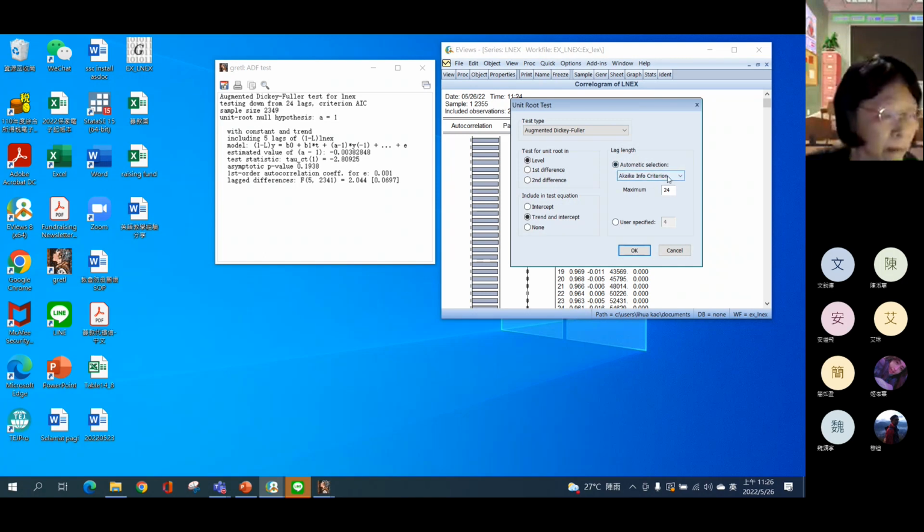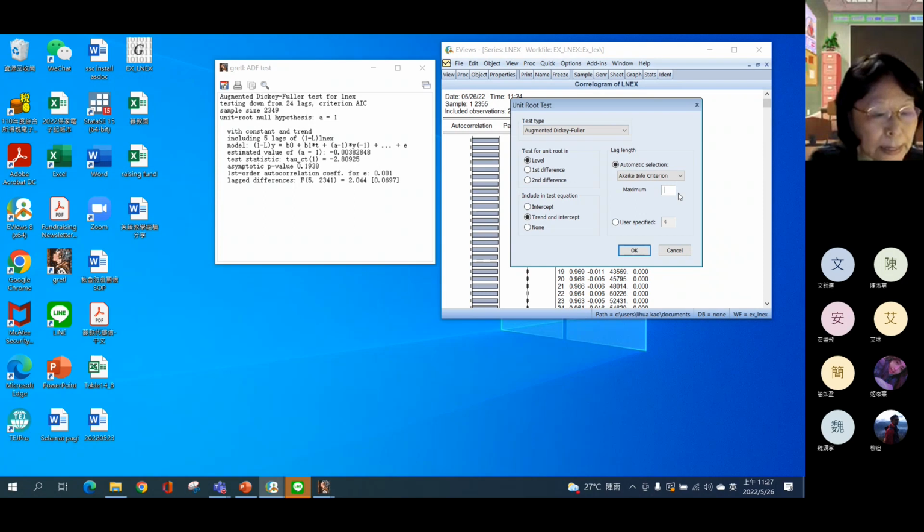If we have annual data, we may include just one or two lags. For quarterly data, it's 4 lags, because 1 year is 4 quarters.